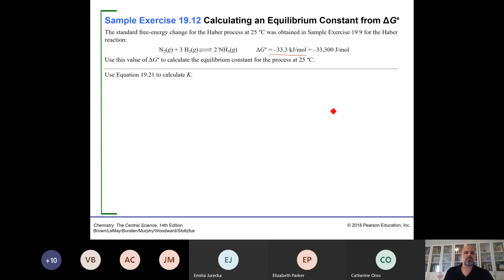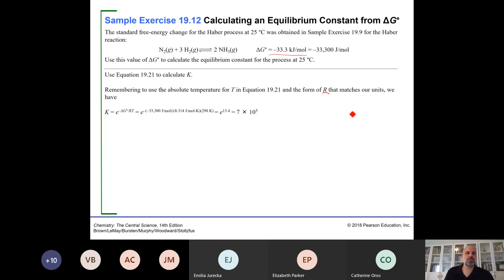We're going to use the equation on the last slide to calculate K. Remember to use the absolute temperature in equation 19.21 and the form of R that matches our units. The constant R has many different forms with many different units, so make sure you're using the correct one.